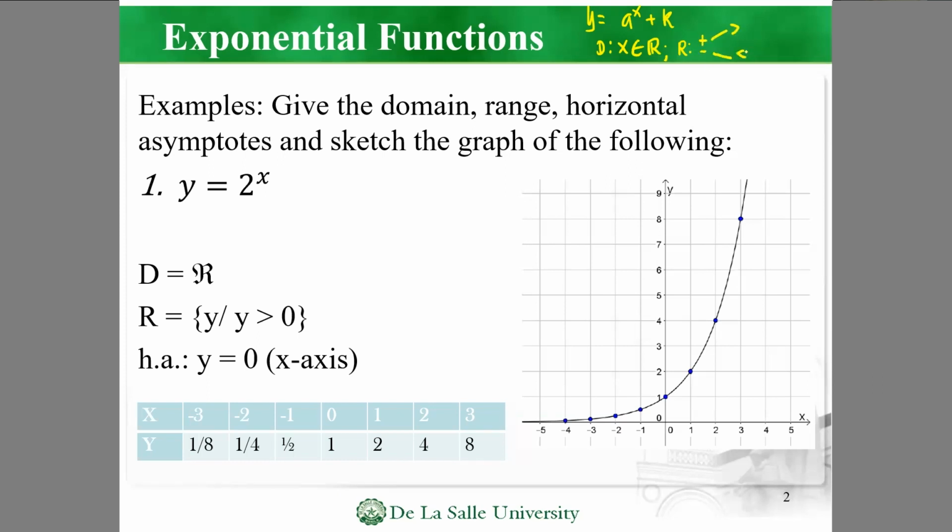If it's negative, it's less than the k, because k is your horizontal asymptote. So in this case, what's your horizontal asymptote? There are no numbers at the bottom beside the 2 to the x. So that means when you cover this, you're left with 0. Y equals 0 is your horizontal asymptote.